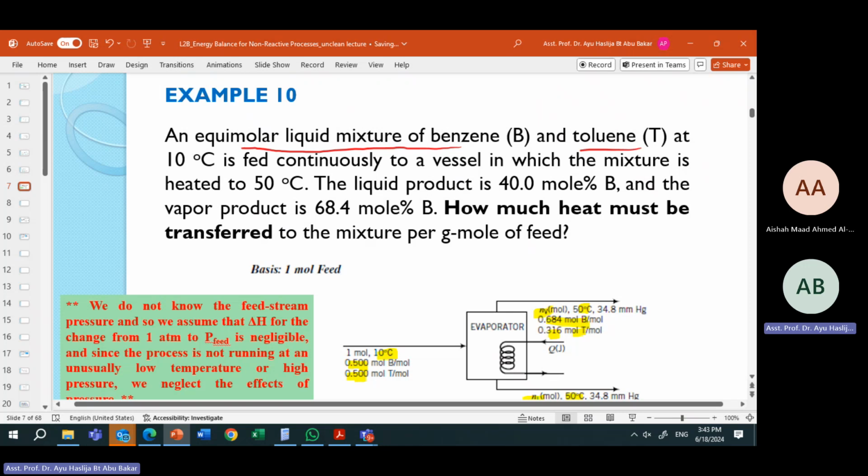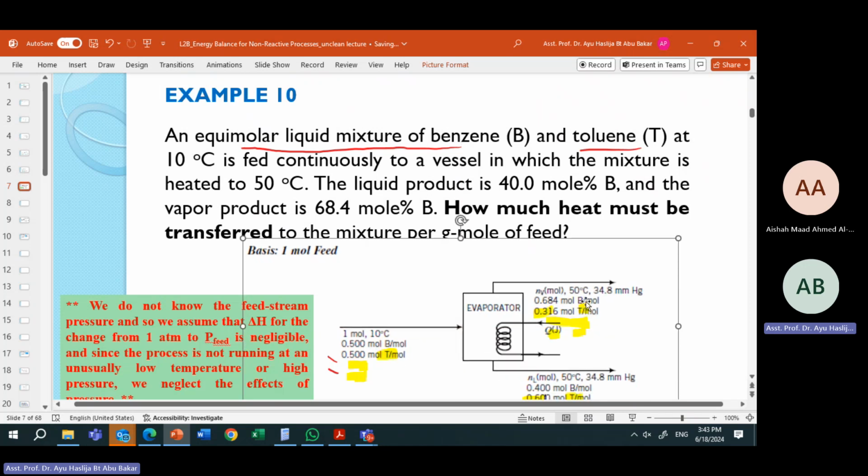That's why from the PFD over here, we can see 0.5 mole of benzene and 0.5 mole of toluene. This example has its process flow diagram. If the question doesn't provide one, then you should know how to draw it.